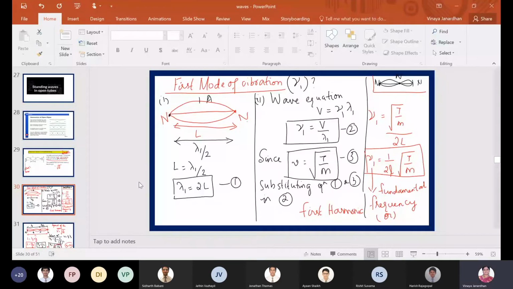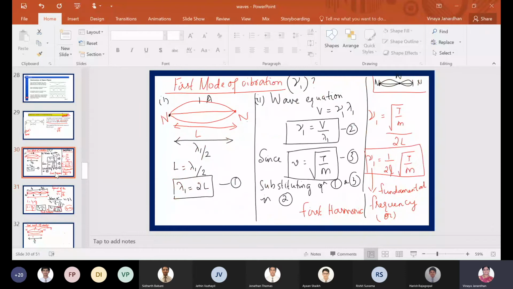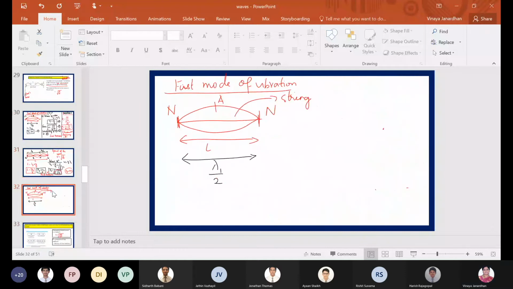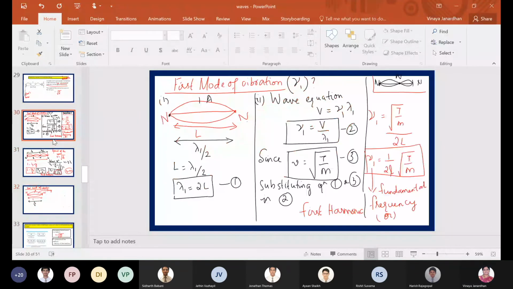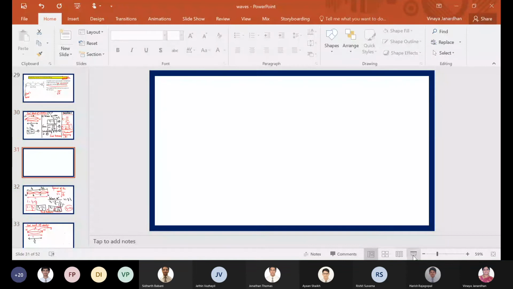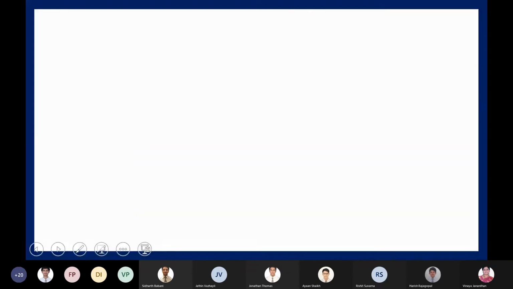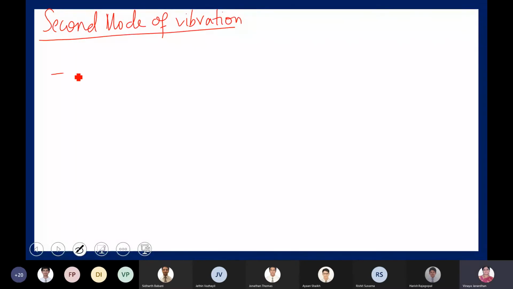so now let us go for the second mode of vibration. The second mode of vibration, you have a node, and a node.